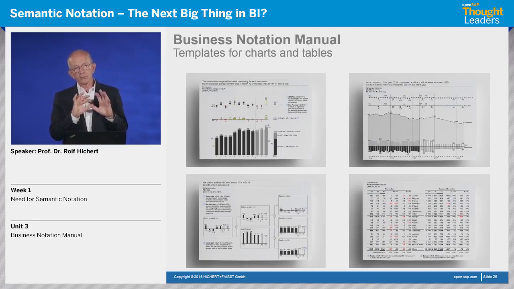So this was what I wanted to tell you about the need for a notation manual. And in the next unit, we will talk about templates for charts in more detail.